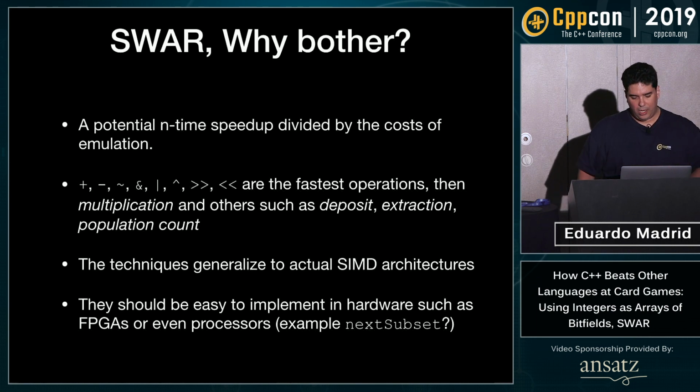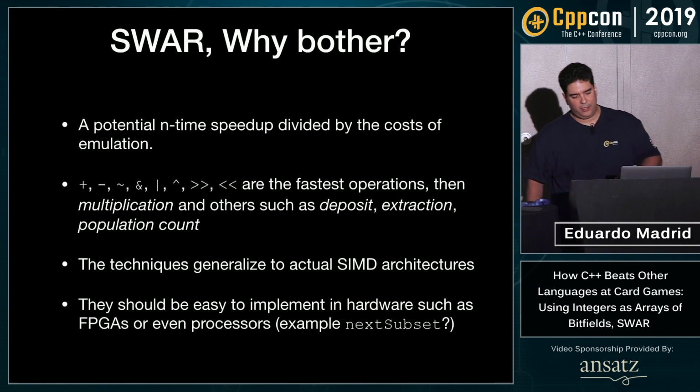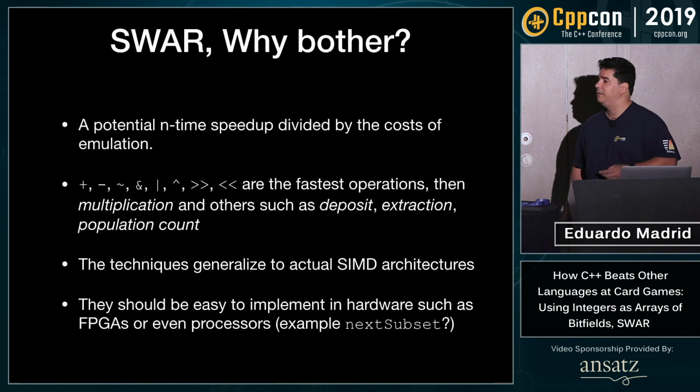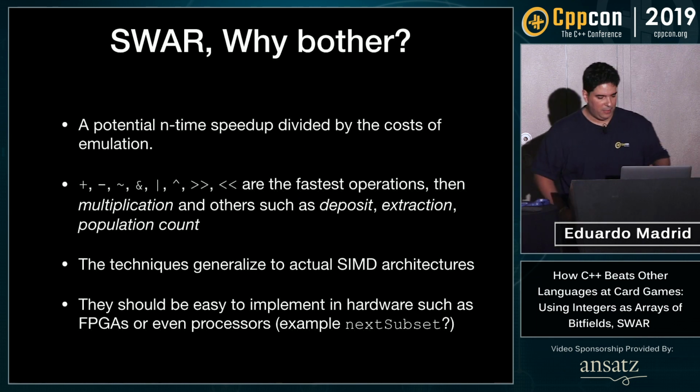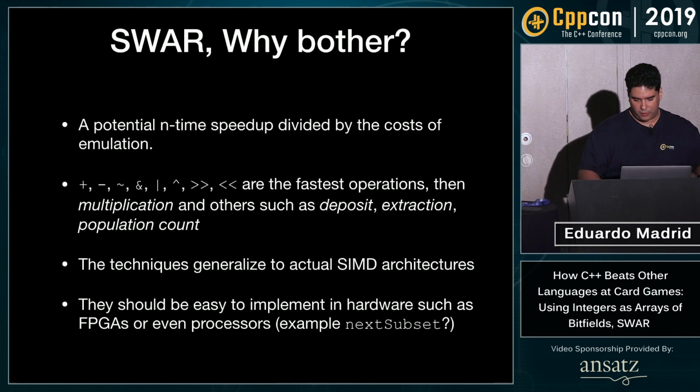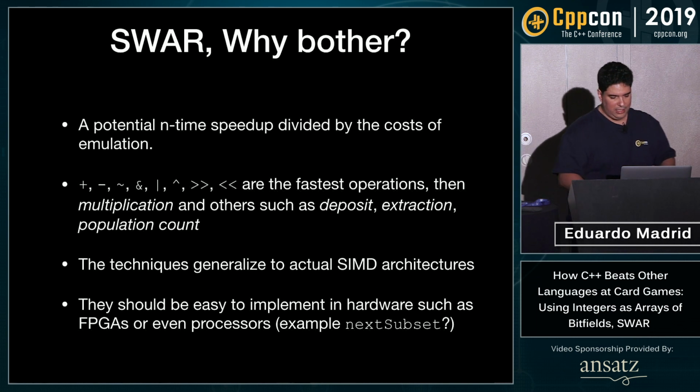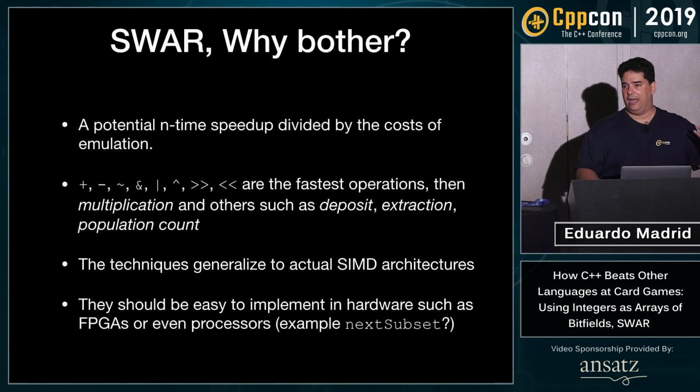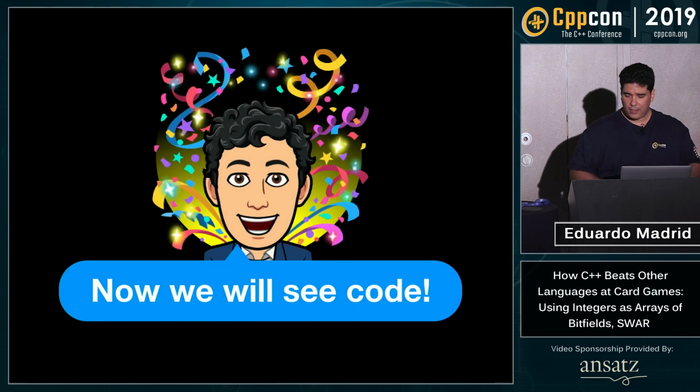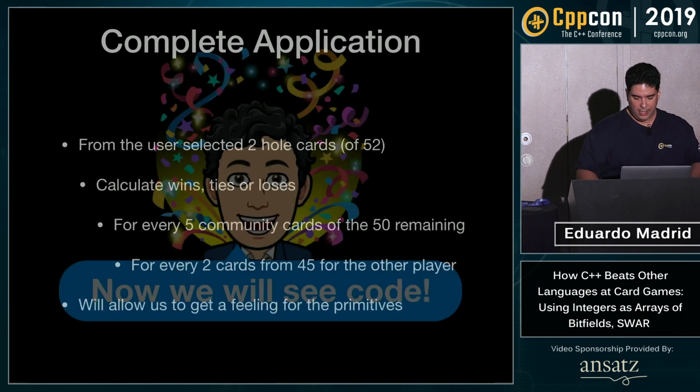I also have one, something I call next subset, that I think conceivably might be incorporated into microprocessors or done in FPGAs, for people who do things like high-frequency trading or processing network packets. Okay, it is time that we begin to see some code.